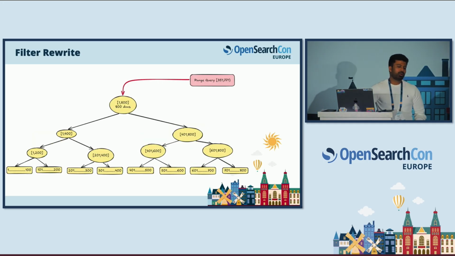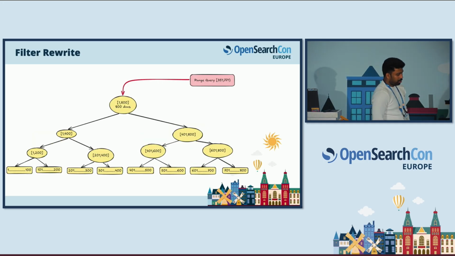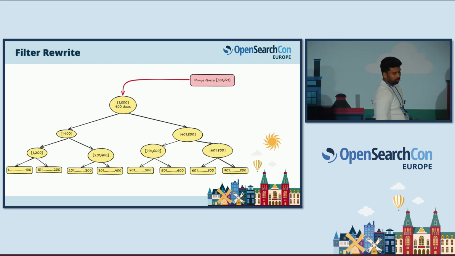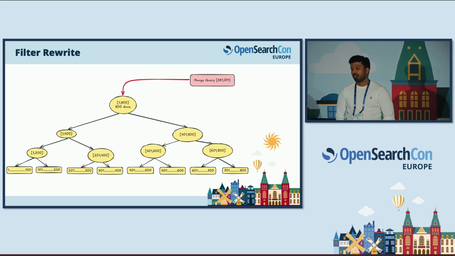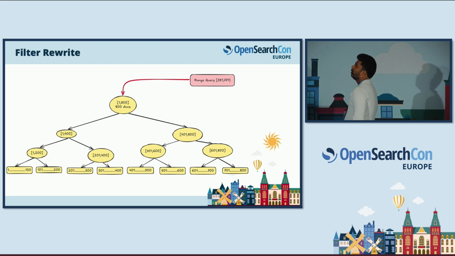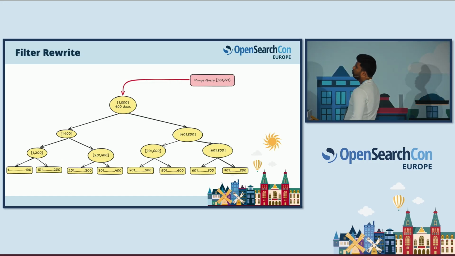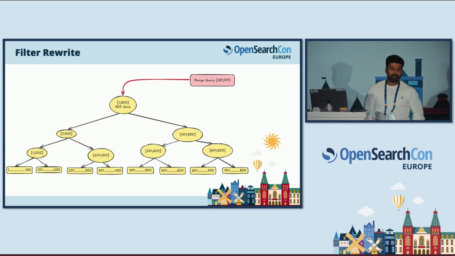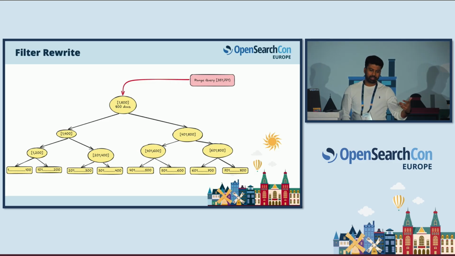So now let's say on this tree you want to know how many documents are matching from 351 to 771. Here 351 is inclusive, and 771 is excluded.